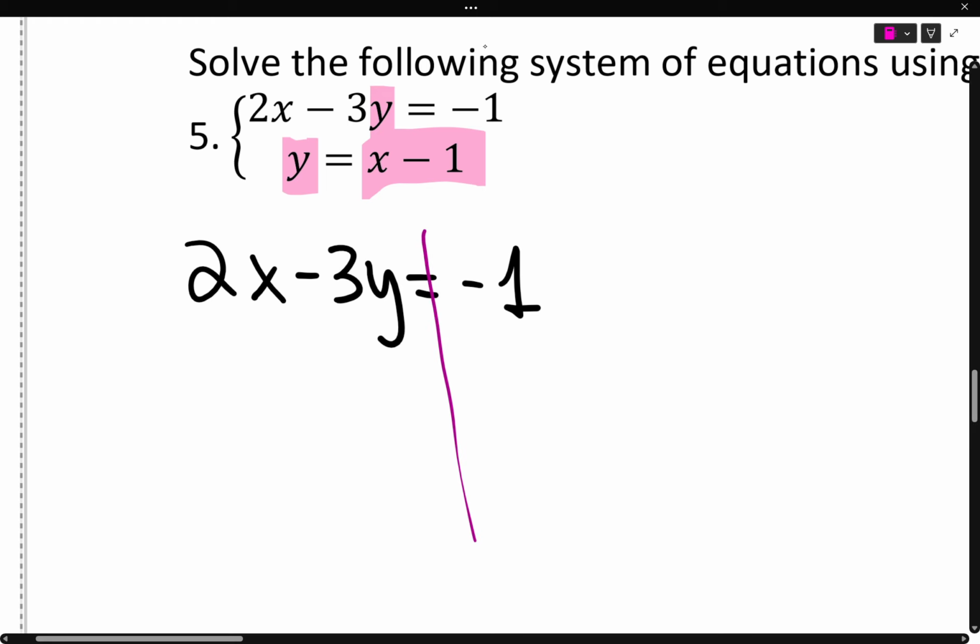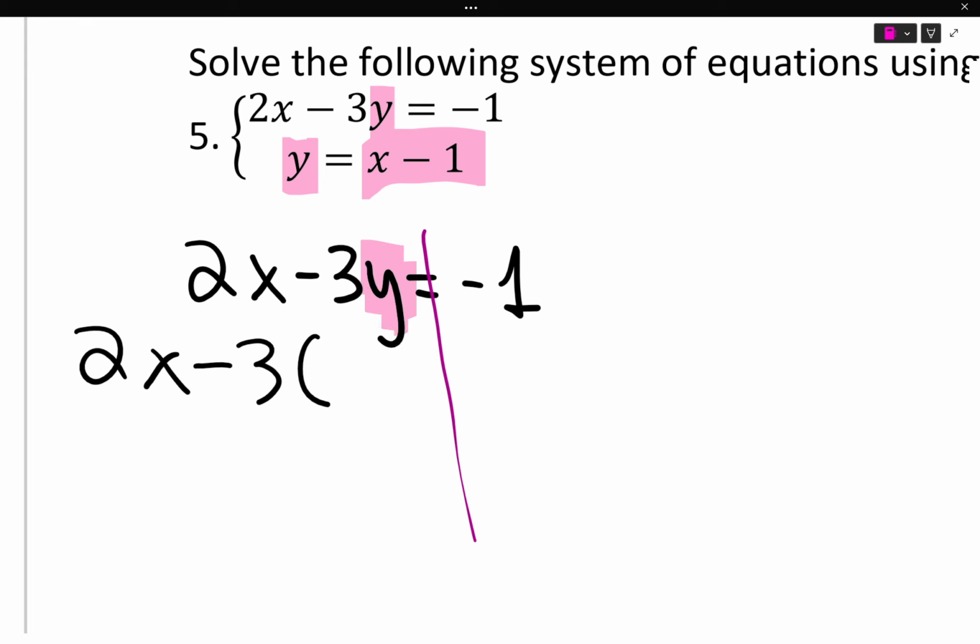And this is what it's going to end up looking like: 2x stays 2x, minus 3 stays minus 3, but we are going to replace this y with x minus 1. So again, I took the y equals equation and I replaced it in that first one.